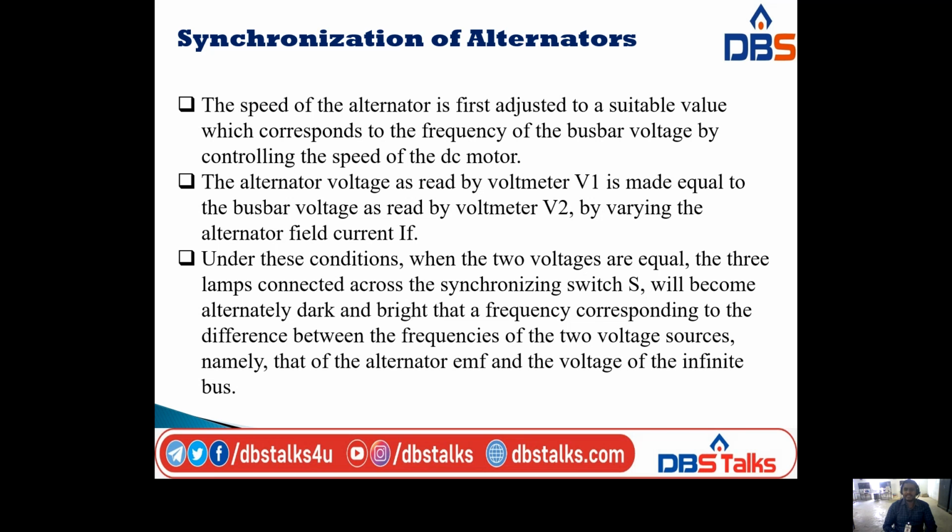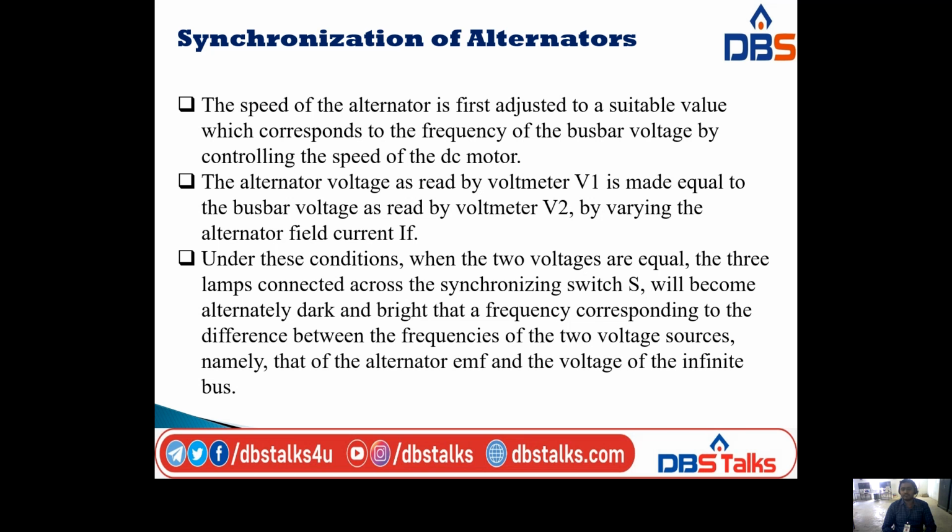Firstly, the speed of the alternator is adjusted to a suitable value, normally 1500 RPM, which corresponds to the frequency of the busbar voltage, by controlling the speed of the DC motor.